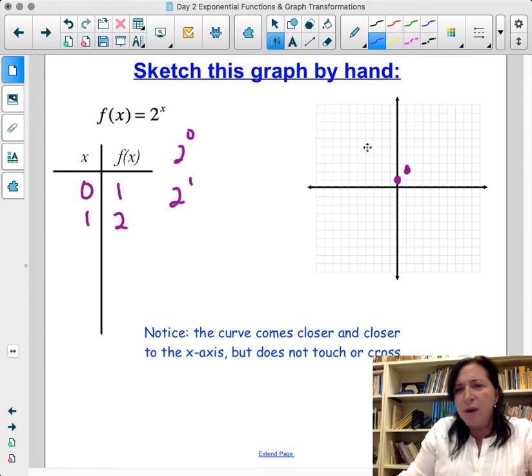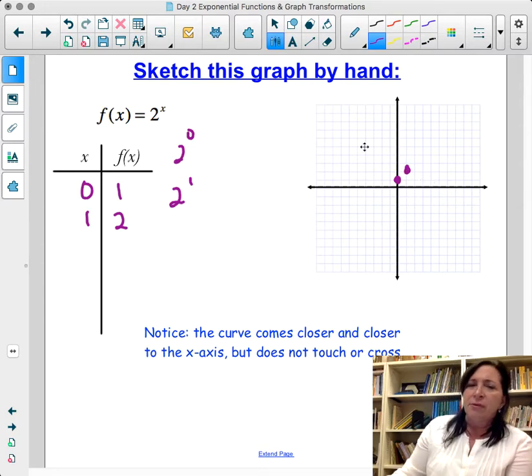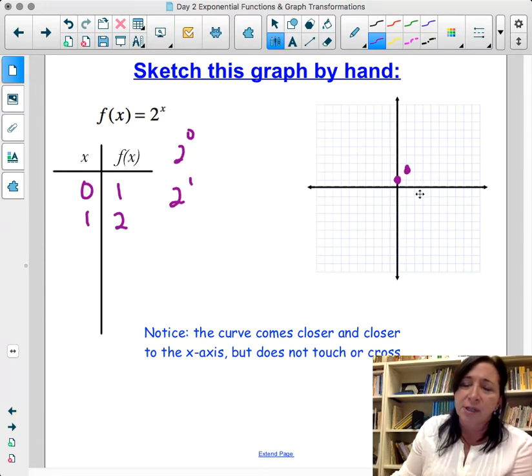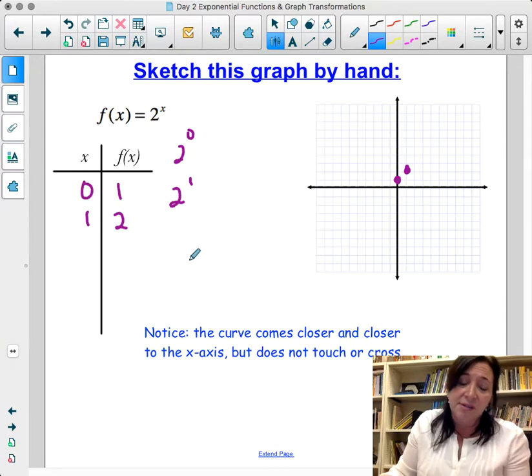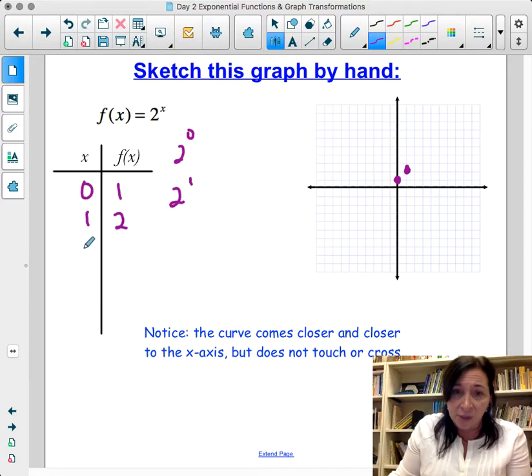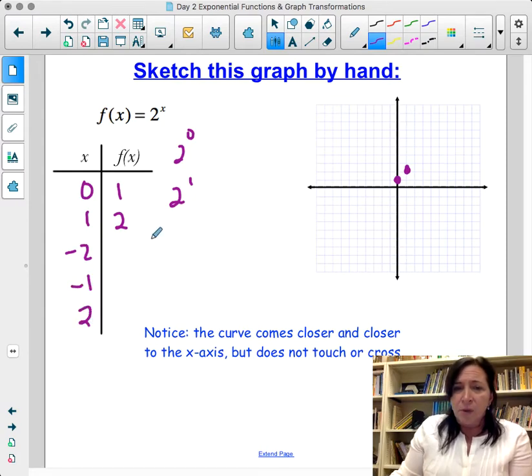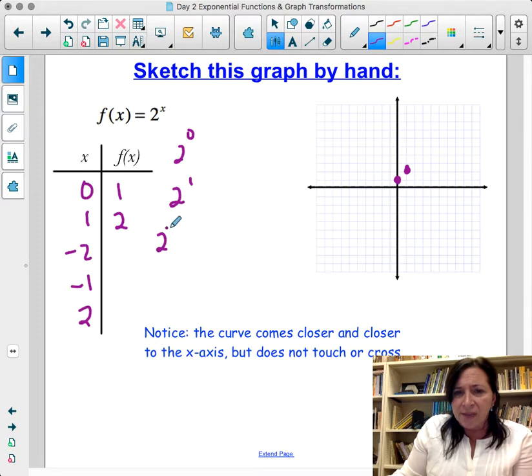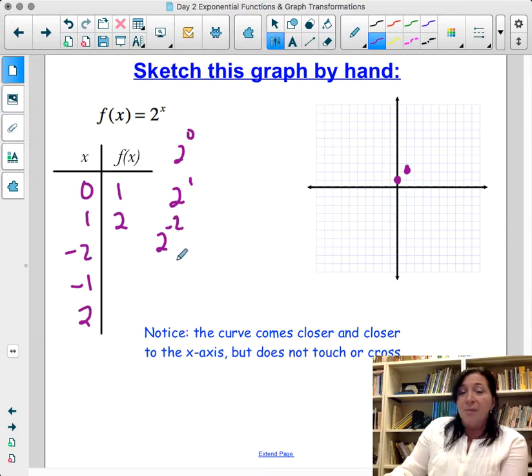Okay, so right now, that may not be enough information to actually graph my equation, and let's say I didn't know what an exponential equation actually looked like. So we're going to plot some more points, like maybe -2, -1, and maybe a +2. So when I plug in -2, a couple of things happen.